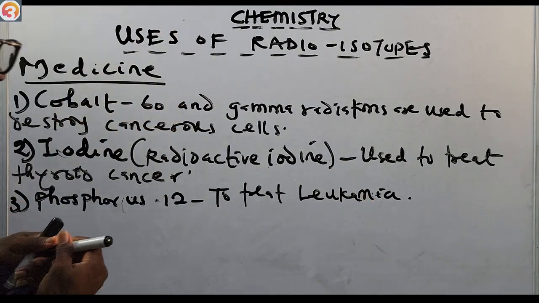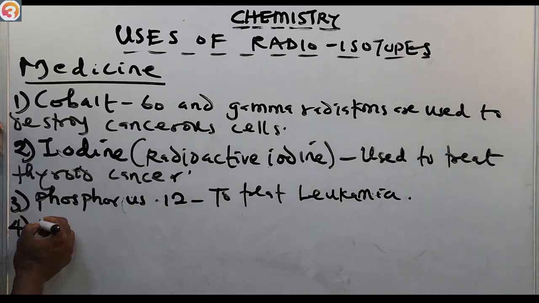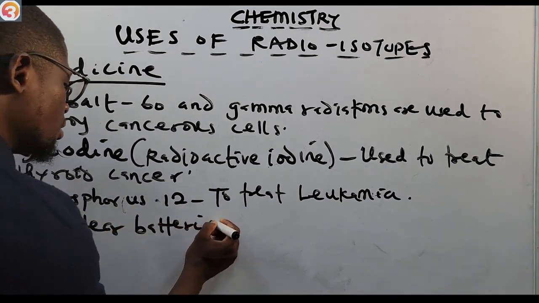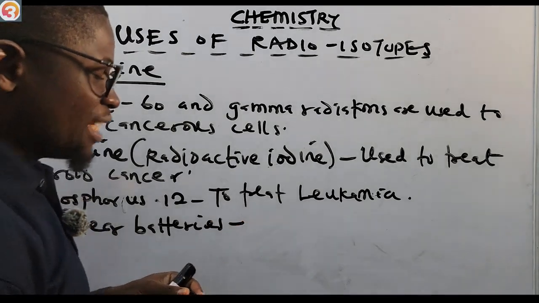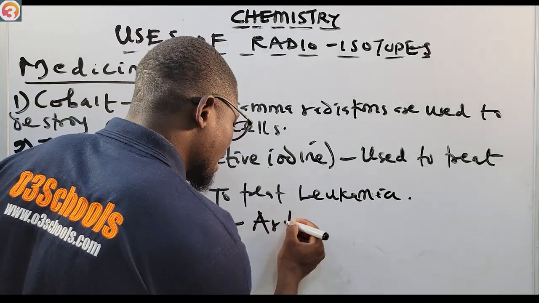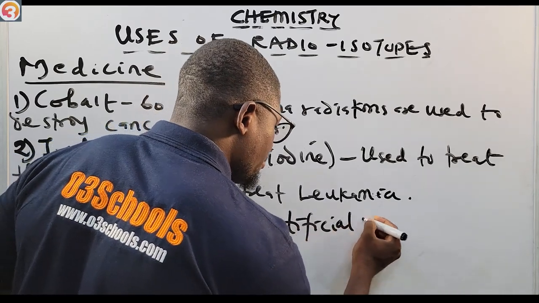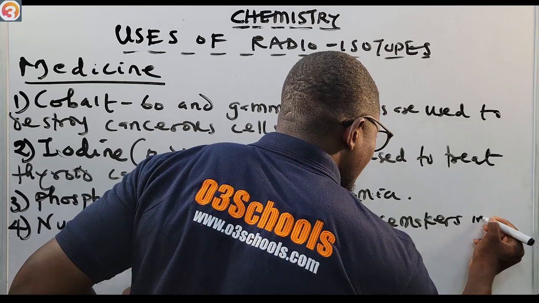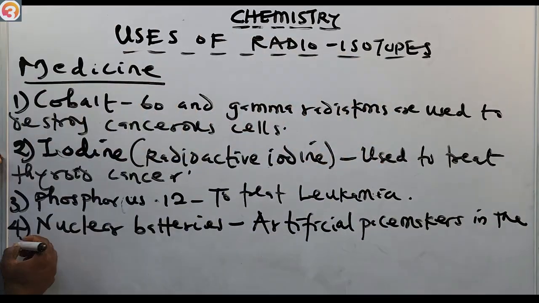Number 4, nuclear batteries. These nuclear batteries are used as artificial pacemakers in the heart of patients.